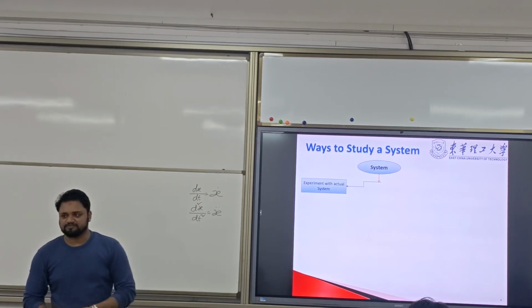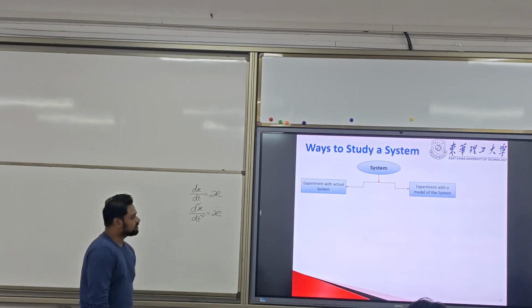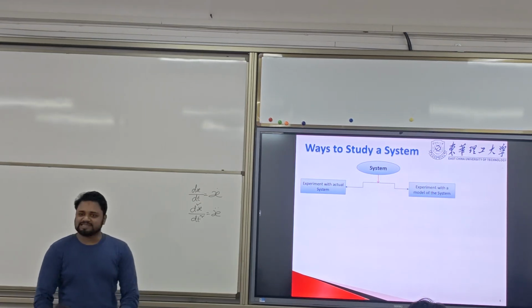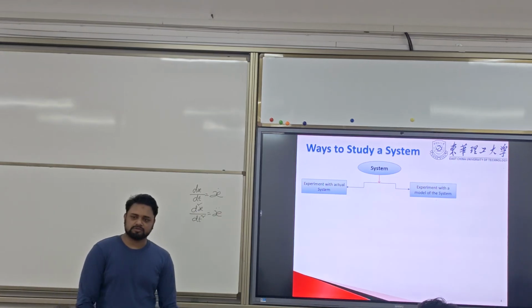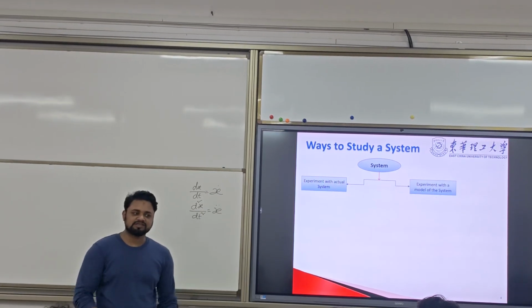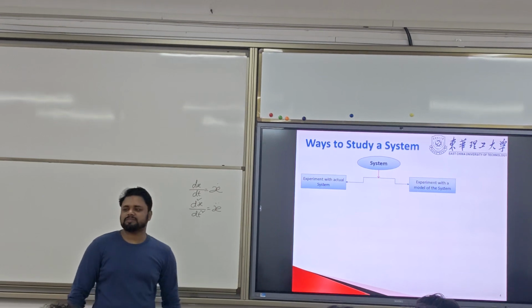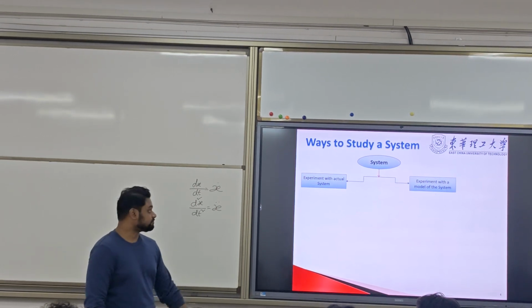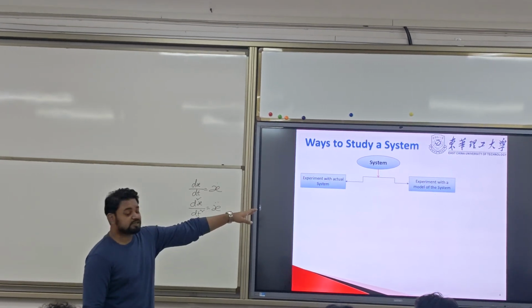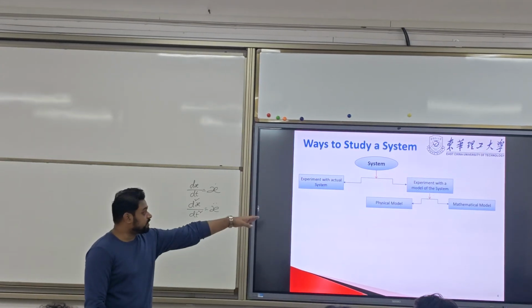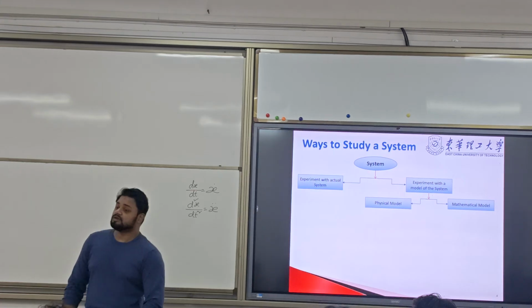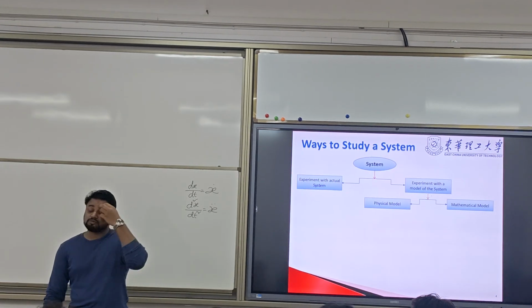But not all the time will you find the actual model. So sometimes we design the model by using software. We experiment with a model of the system inside, so by using methods we can design a model. This is the experimental model, and it can be of two types: physical model or mathematical model.